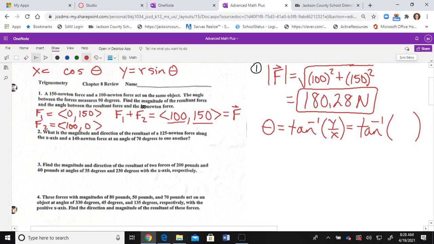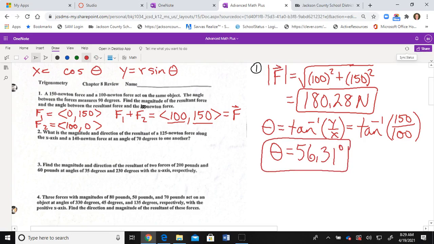So it's just the inverse tangent of 150 over 100. So theta will be, put that in your calculator, 56.31 degrees. You do need to make sure your calculator is in degree mode. Otherwise, it might not give you 56.31.